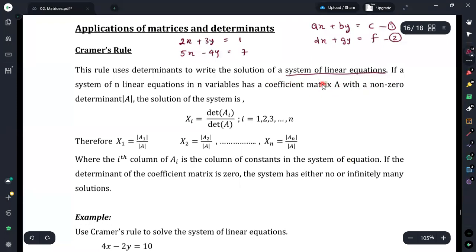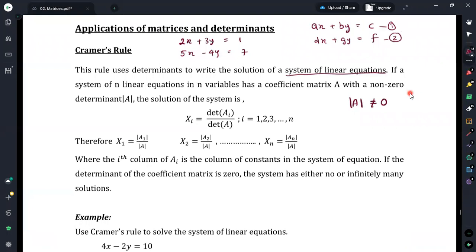If this determinant is a non-zero value, then we say that the system has a unique solution. That is why we say that if and only if we get a non-zero determinant, the system has solutions.